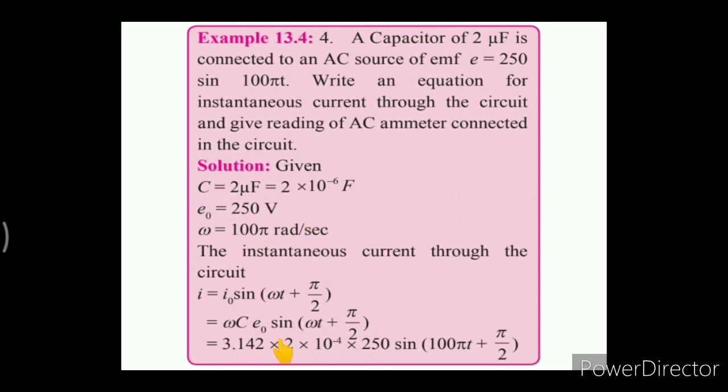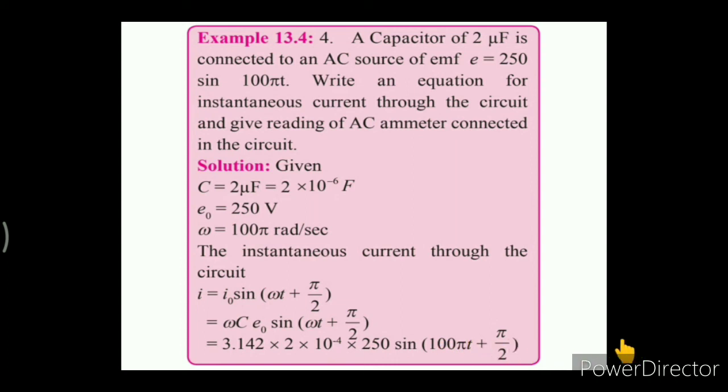The 100 of omega combined with 10 raised to minus 6 becomes 10 raised to minus 4. So omega into C is 3.142 into 2 into 10 raised to minus 4. Then the value of E0 we write as 250, and sine omega t as sine of 100 pi t plus pi by 2.